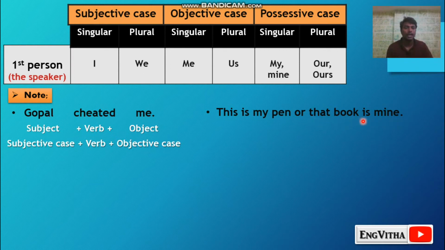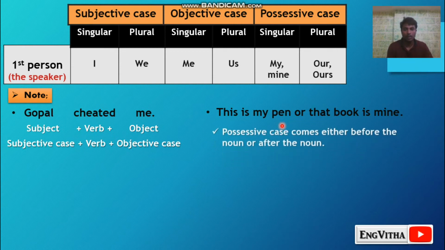That book is mine. Here the possessive case of the first person, that is mine, came after the noun book. Whereas in the sentence, this is my pen, the possessive case of the first person, my, came before the noun pen.